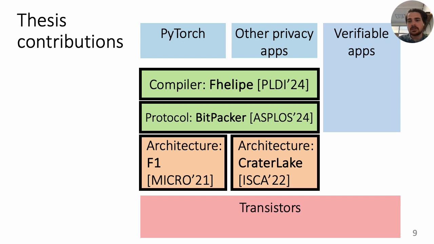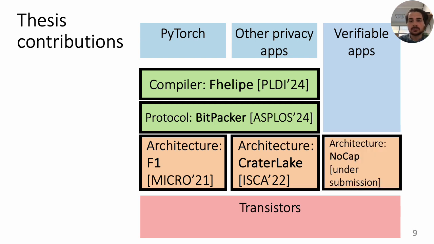We address the usability challenge by contributing Felipe, a compiler that exposes a simple, NumPy-style tensor programming interface for FHE. Felipe enables us to build a library that supports automatic translation of PyTorch models into FHE programs that do inference on these models.